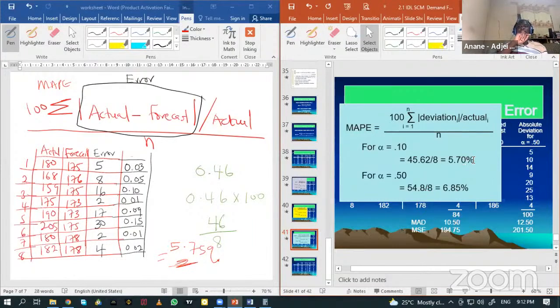Maybe they use 3 decimal places, but we use 2 decimal places. But whatever we have done is right. So forget about the answer here. If our answer is 5.70, our answer is 5.75. It's as a result of the decimal places that we use.